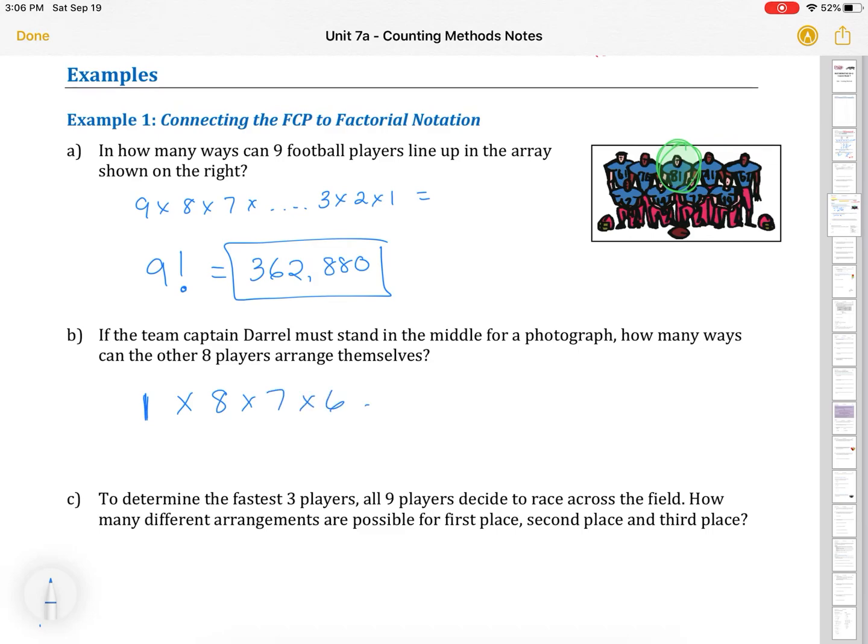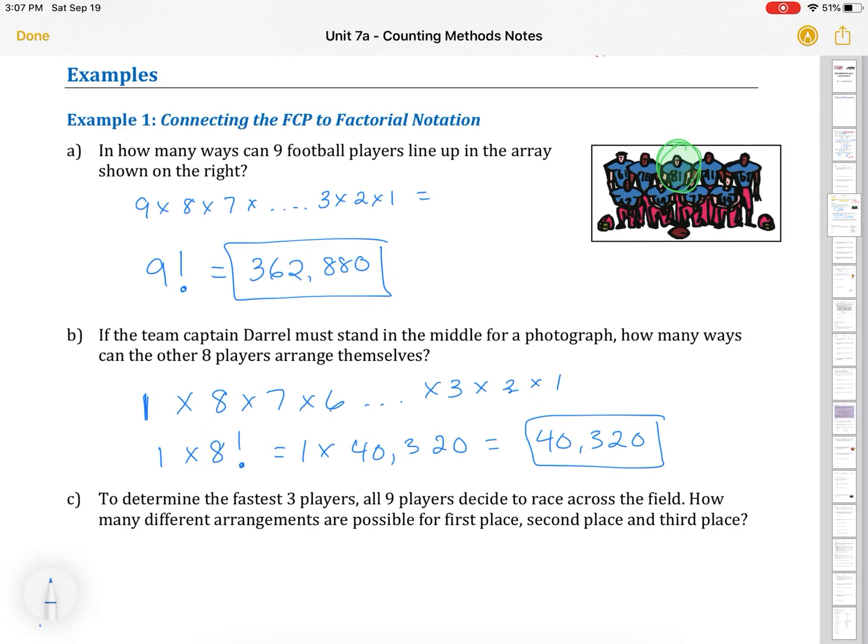So what we have is, we have 1 for Daryl times 8 times 7 times 6, all the way down, times 3 times 2 times 1. So it's 1 times 8 factorial. So put that in your calculator, hit your 8, hit your math button, scroll over to PRB, and hit 4. So 1 times 40,320, which is 40,320. So Daryl limits our choices quite a bit, okay?